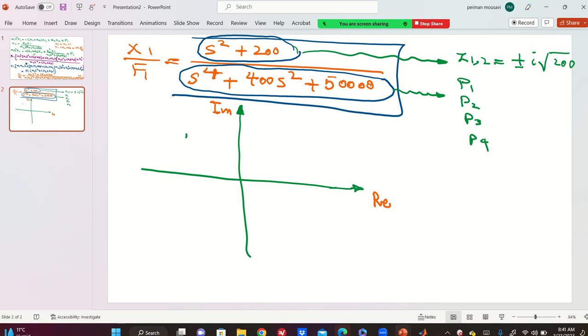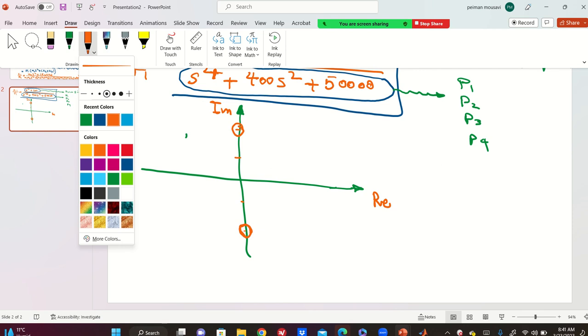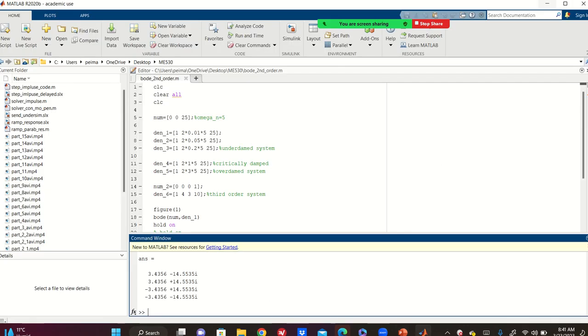Okay. So you have two zeros here, say it is 100, 200. You have two zeros here. Here, a pair of zeros. We are showing zeros with this. And you have, based on MATLAB, plus 3, 4, minus 4, like this.